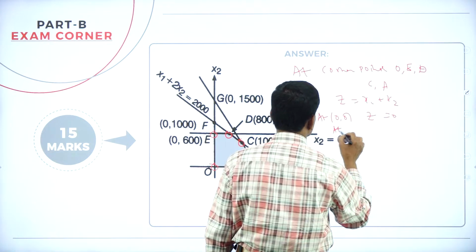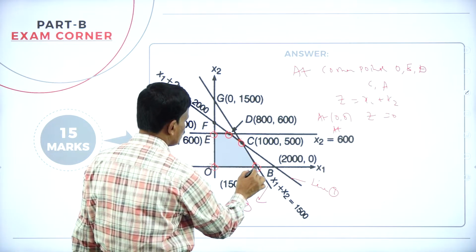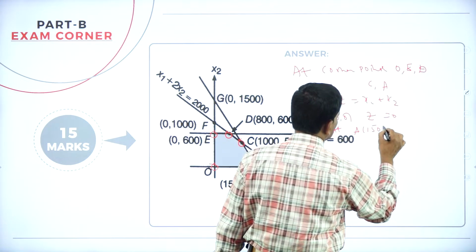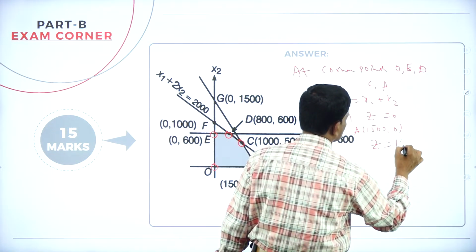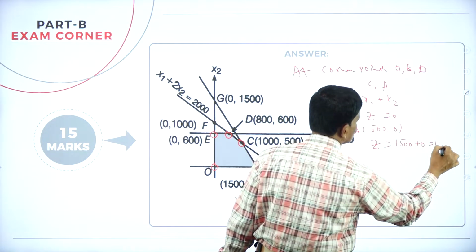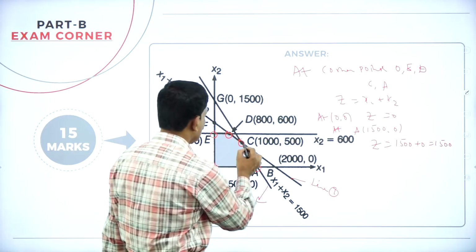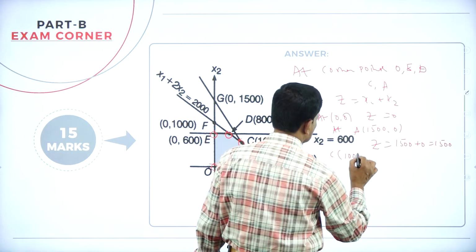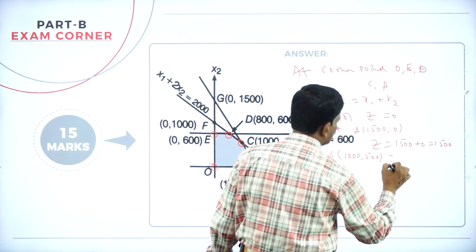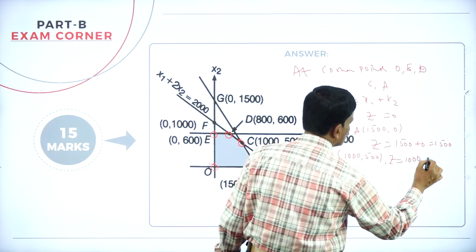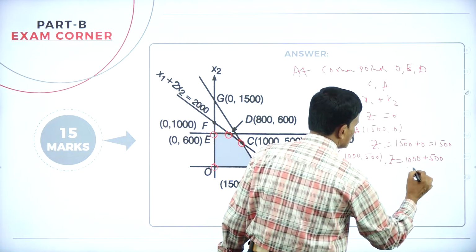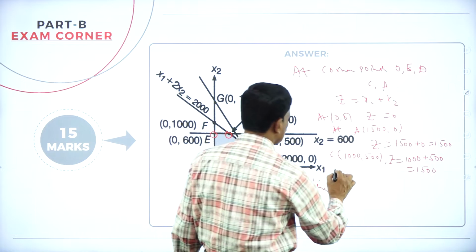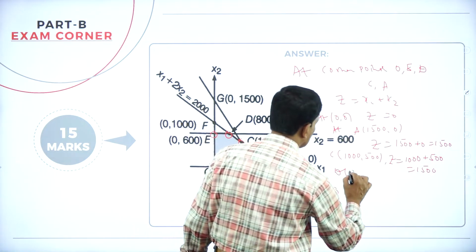Now at the point A, 1500 comma 0, z is equal to 1500 plus 0, that is equal to 1500. Again at C, 1000 comma 500, therefore z is equal to 1000 plus 500, that is also equal to 1500. Again at D, what is the point D? 800 comma 600.